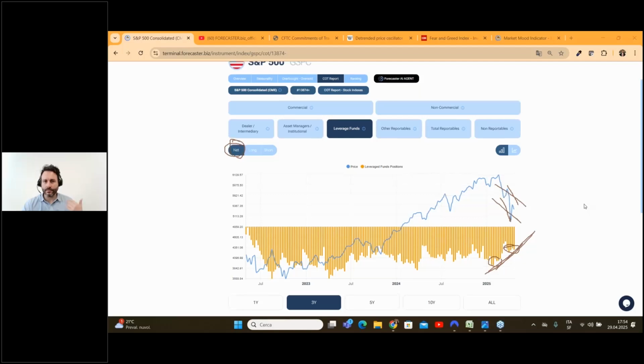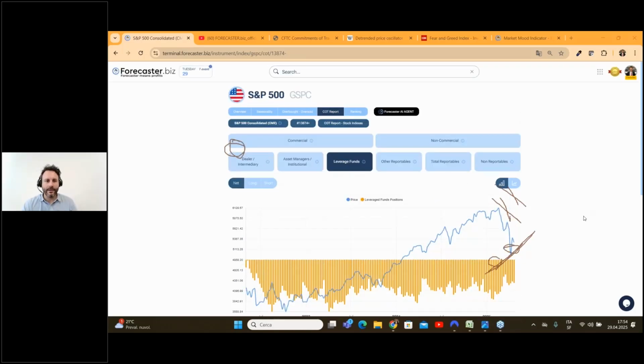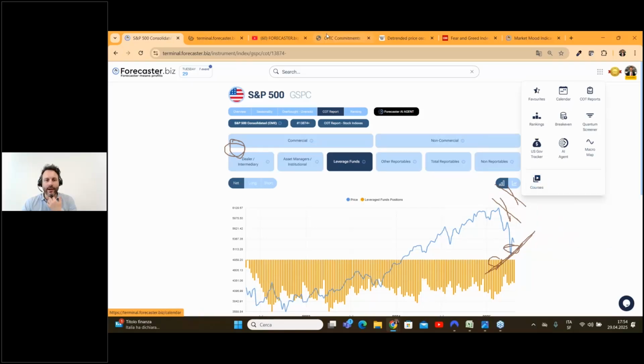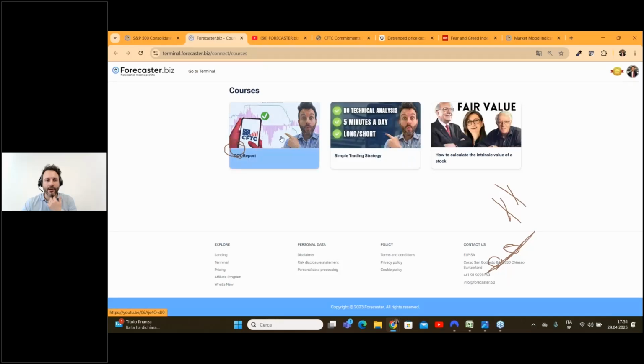Of course, you can go deeper into the COT report and you find a complete masterclass about the COT report here. You find it inside your Forecaster terminal and you find a complete COT report course, okay?